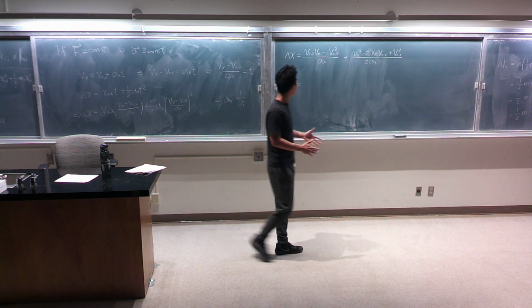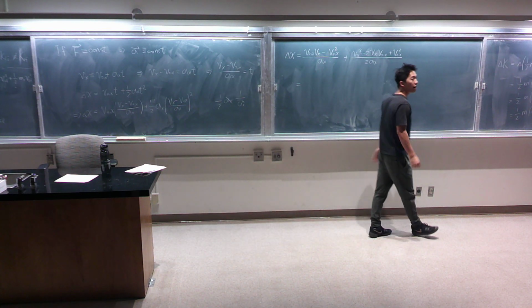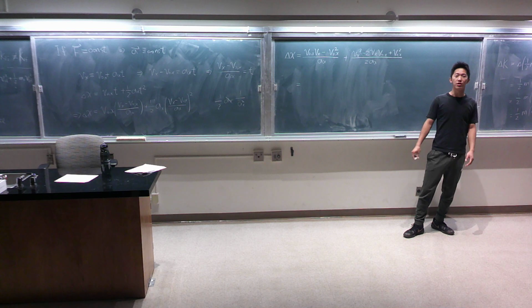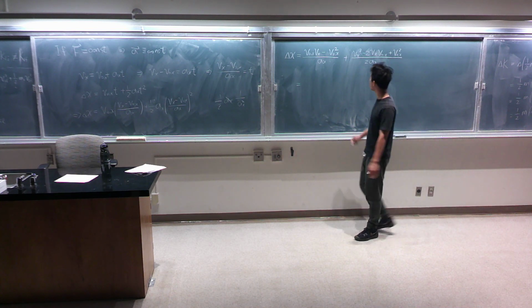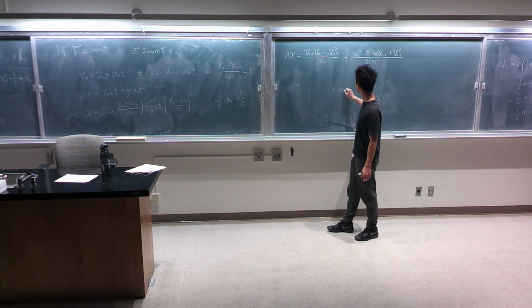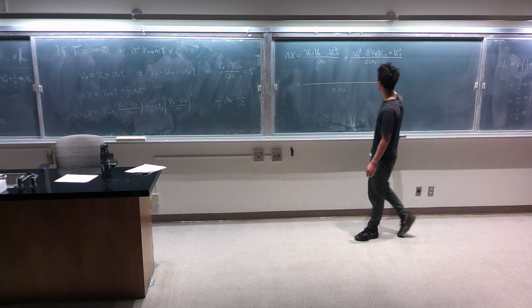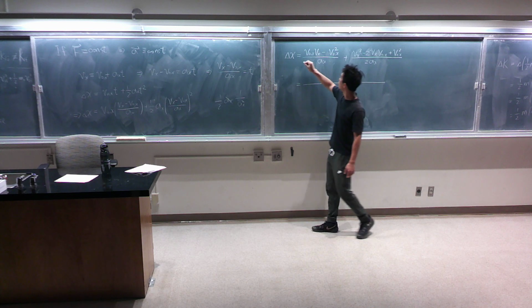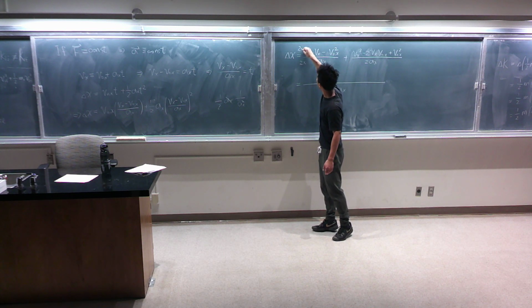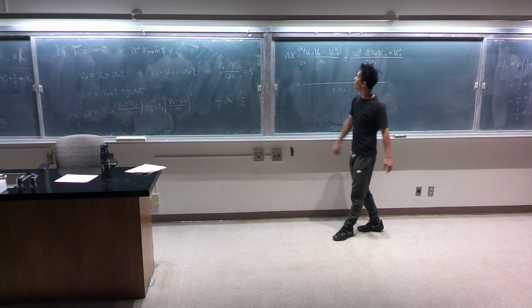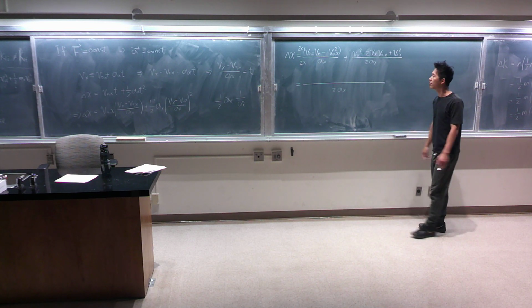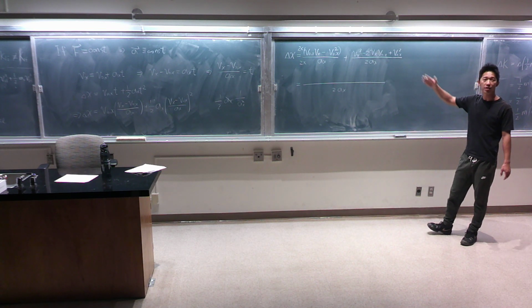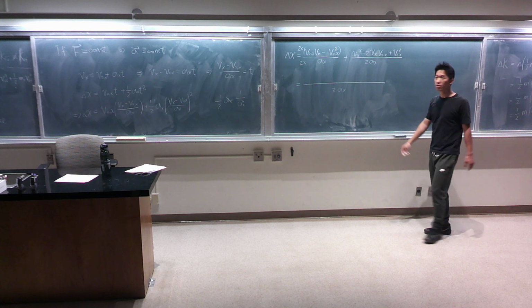The first step of doing fraction addition is to make the denominator the same. So I'm going to make the denominator 2ax. In this case, I am multiplying 2 on both the numerator and denominator of the first term. That's legal because you can multiply the same number on numerator and denominator.